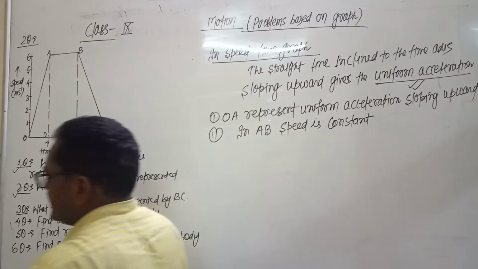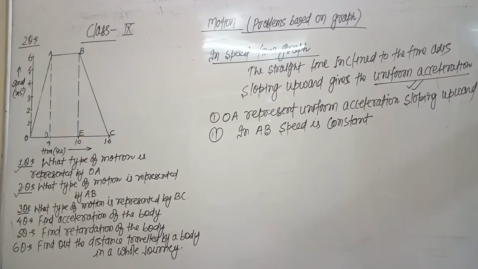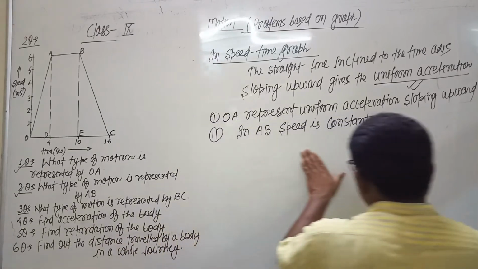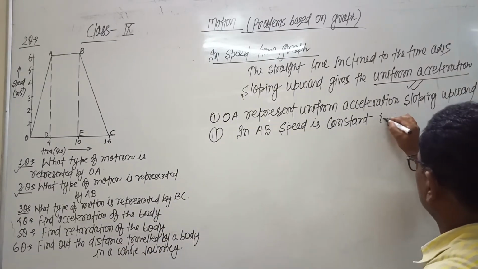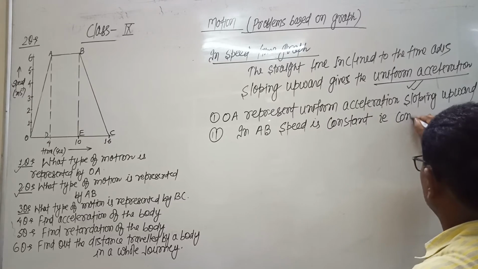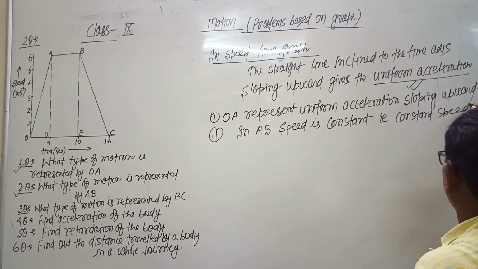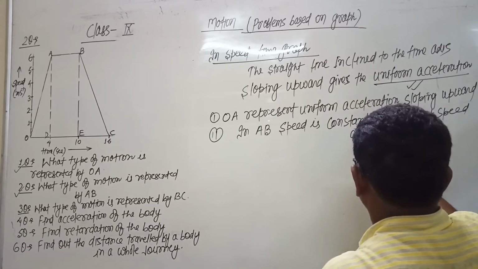In AB, the speed is constant, that is constant speed or uniform speed.